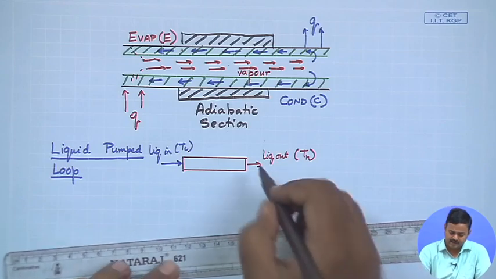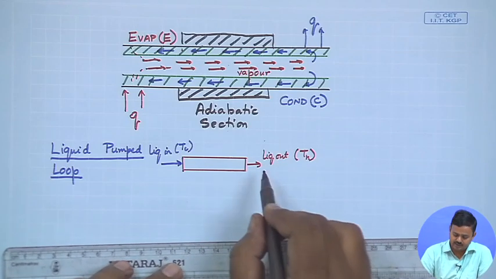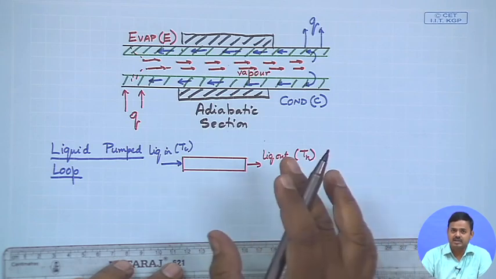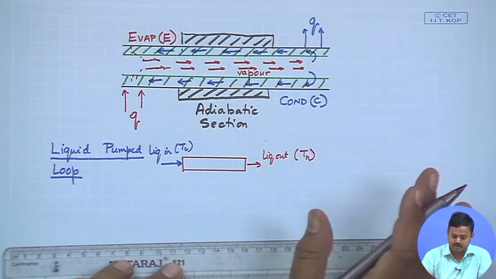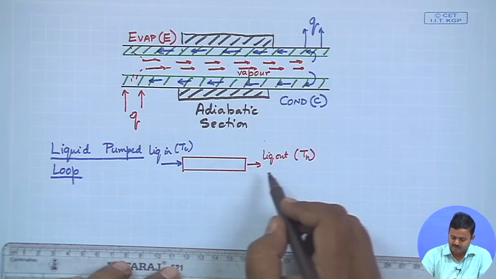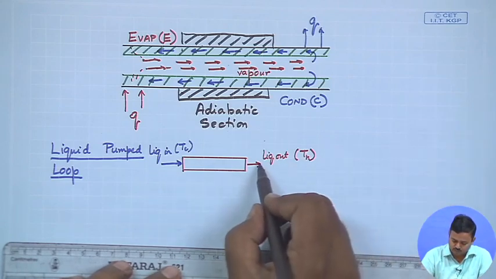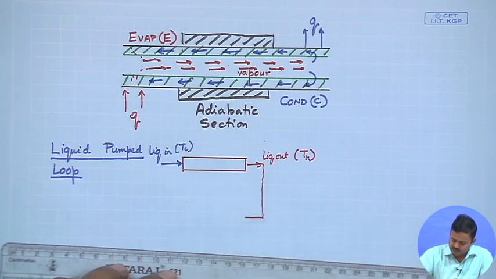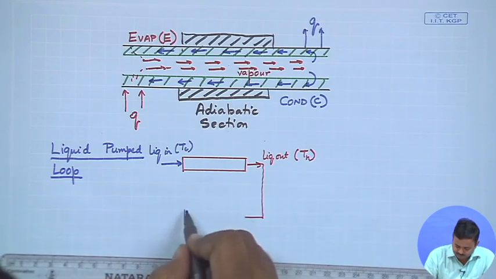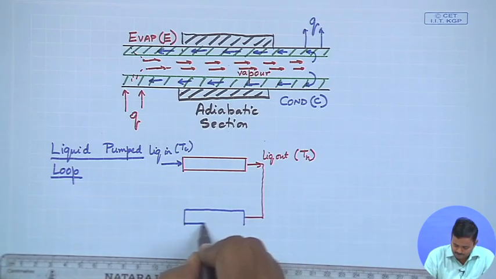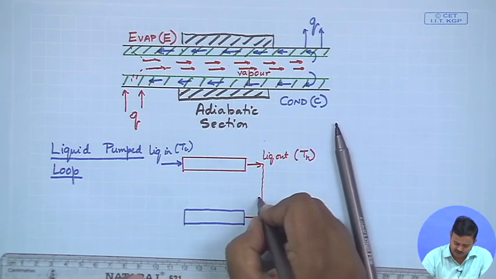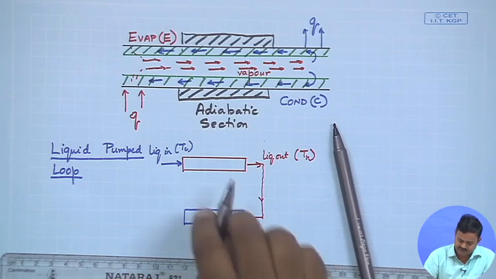Then what happens? The hot liquid, because this is liquid, we cannot just reject it to the ambient. So, we let it go through a loop, and we bring it to another section where we have another heat exchanger, where this hot fluid has to reject the heat.